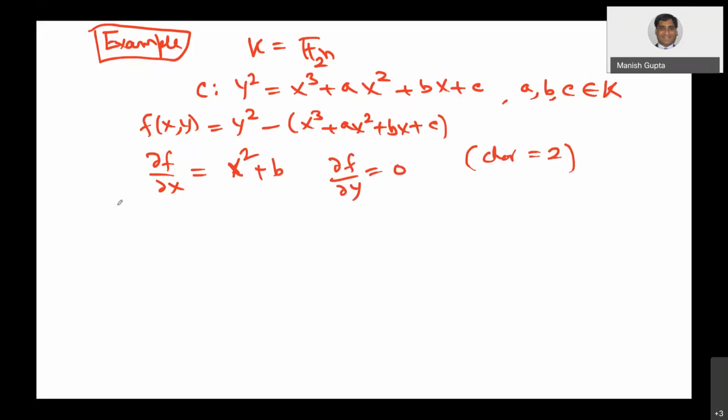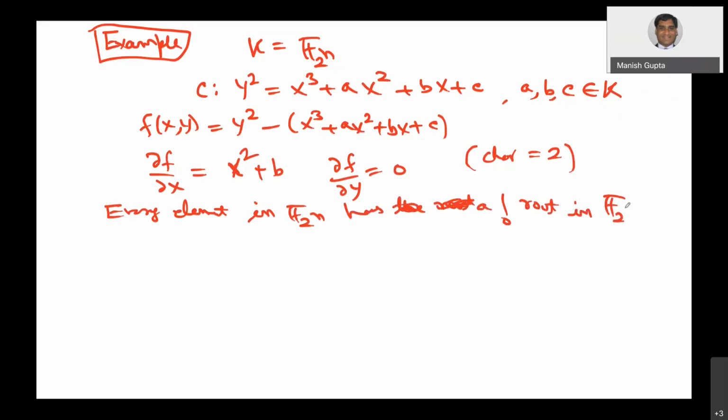Now, every element in F_{2^n} has a root, in fact a unique root, in F_{2^n}, right?